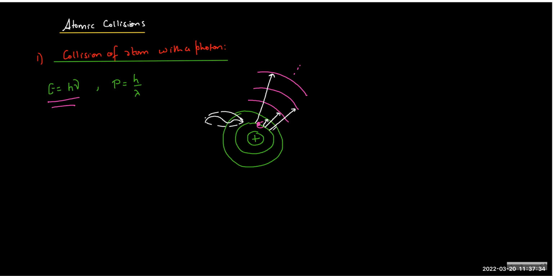Now, in atomic physics, when the atom completely absorbs the photon, such a collision is called a perfectly inelastic collision. So the meaning of inelastic from particle physics to the subatomic world will change drastically. The definition will change.